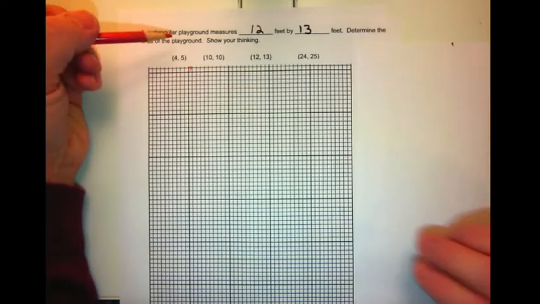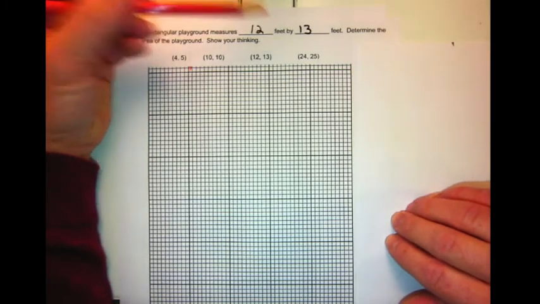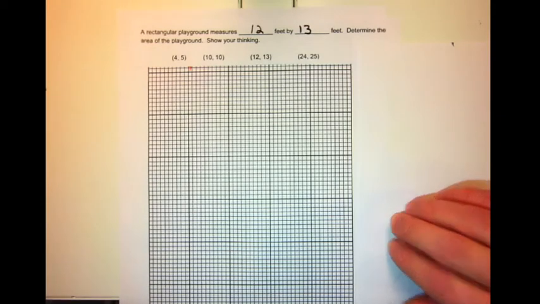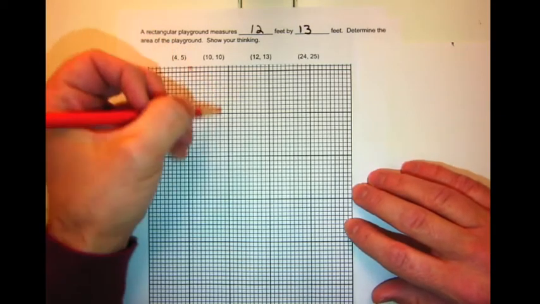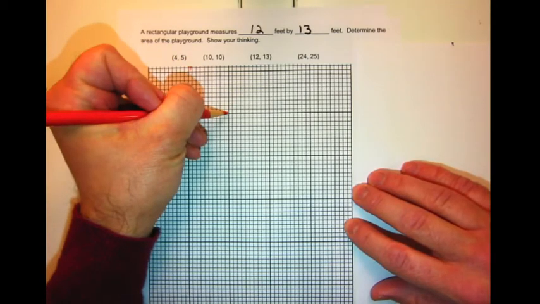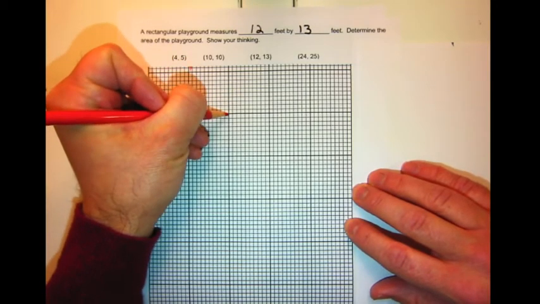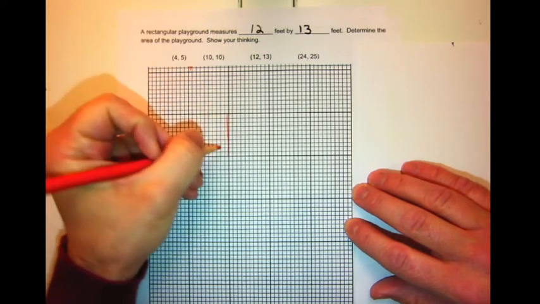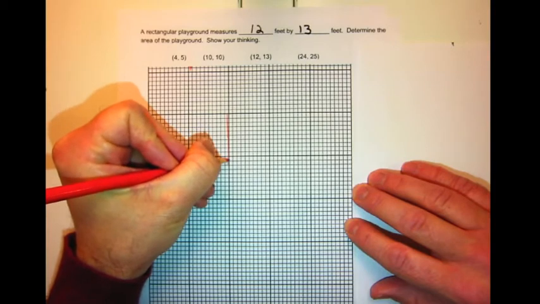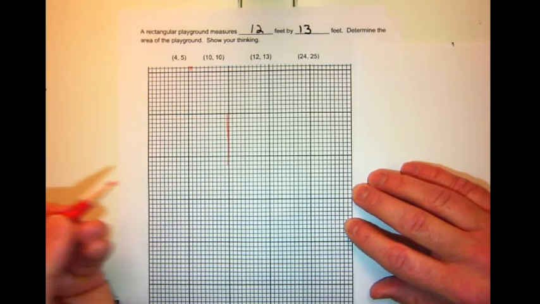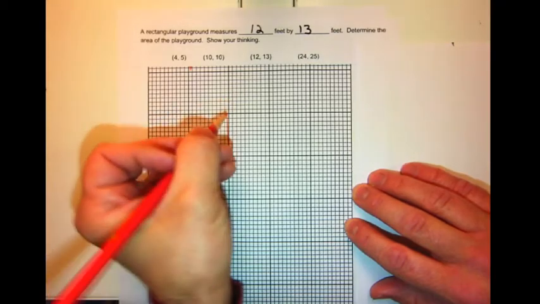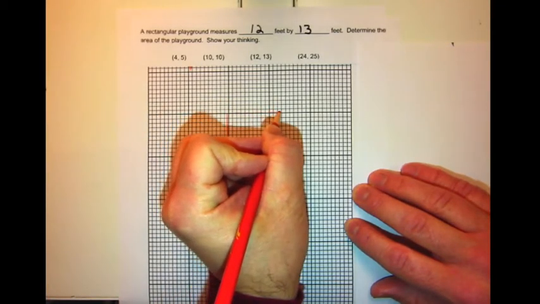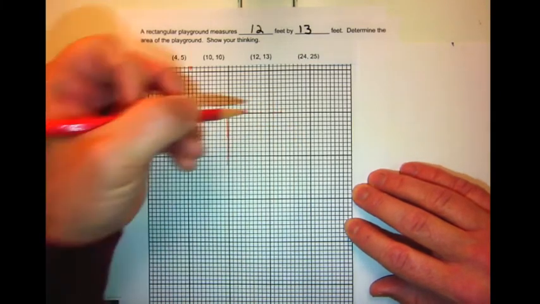So a rectangular playground measures 12 feet by 13 feet. Determine the area of the playground. So what I'm going to do is come down here and, just using my pencil, mark off 10 and 2 more is 12 down that length there. 13 across, so here is 10 and 1, 2, 3 more across to there.